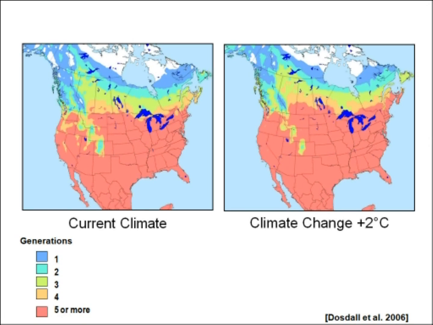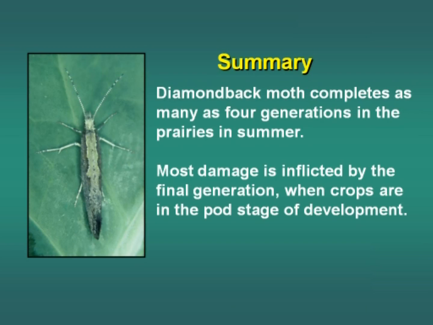So our thinking is that this insect is going to be around for a long time yet. So in summary then, diamondback moth can complete as many as 4 generations per year in the southern prairies in the summer. Most damage is inflicted by the final generations when crops are in the pod stage of development.